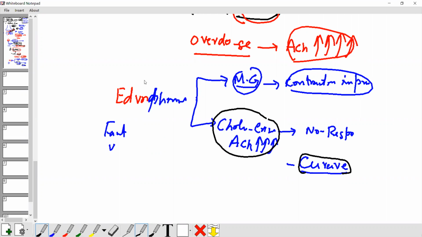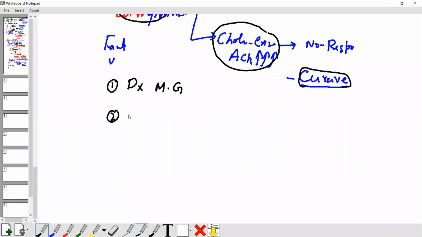So what are the uses of Hydrophonium here now? We use Hydrophonium to diagnose myasthenia gravis. That is the number one use. The second use is to differentiate myasthenia gravis from cholinergic crisis.